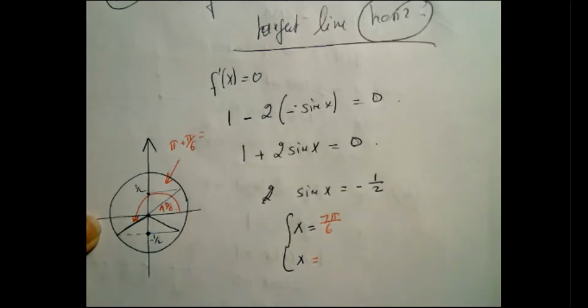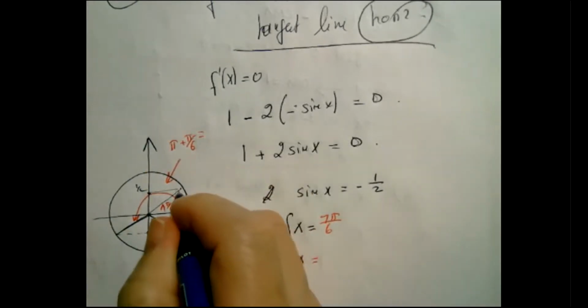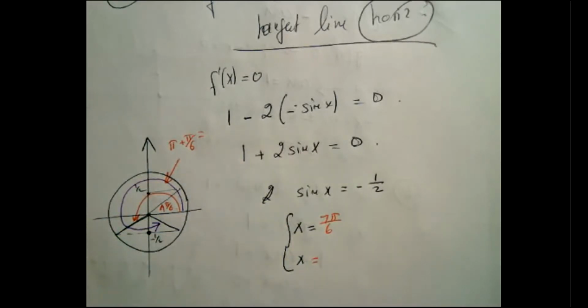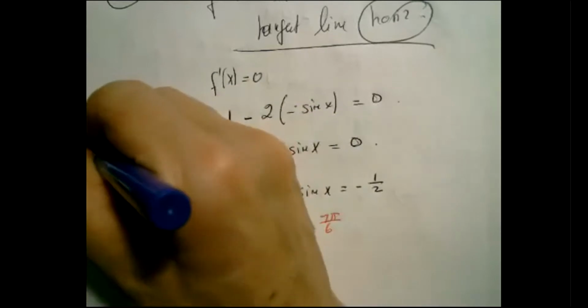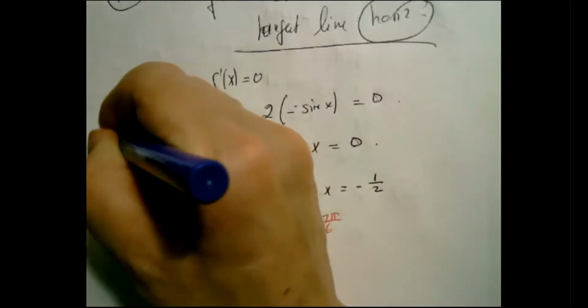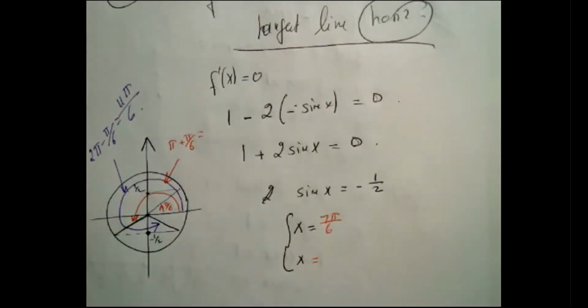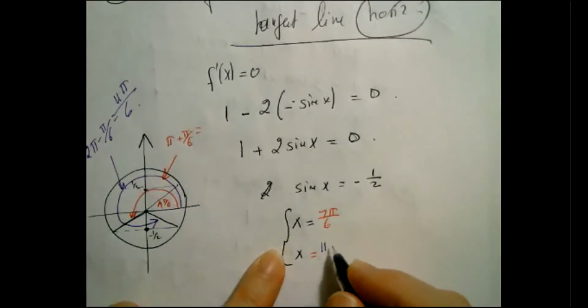And now the other one, I will make it in purple. I don't know if it shows purple for you. So this is the big one, and this one is 2 pi minus pi over 6, which means 11 pi over 6. So the other angle is 11 pi over 6.